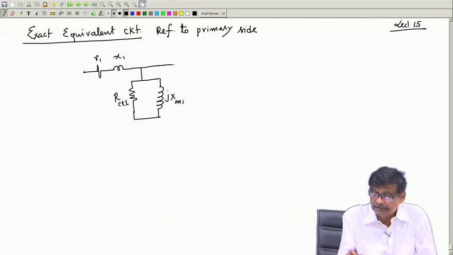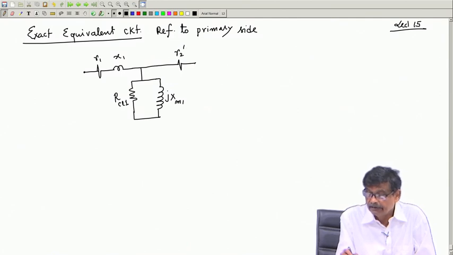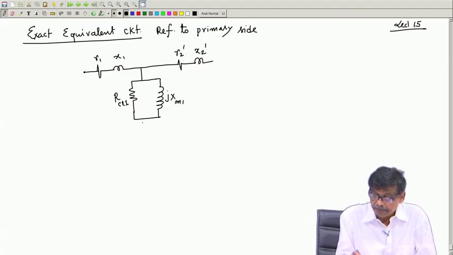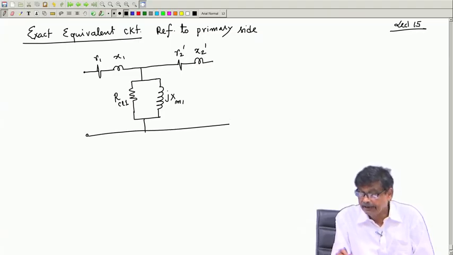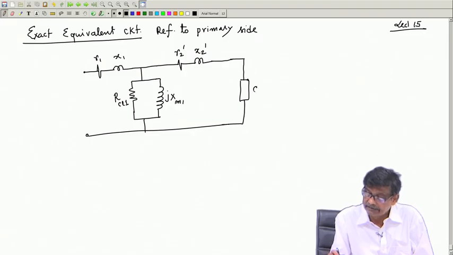Then the reflected resistance of the secondary side is R2 dashed and X2 dashed. And here there will be the load impedance, whichever you have connected to the secondary side of the transformer, A square Z2, and A is equal to N1 by N2.